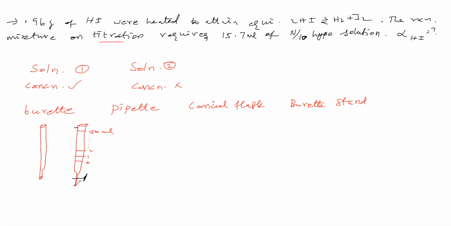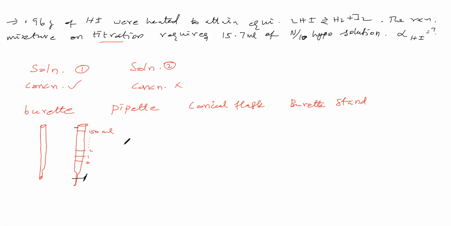Make the solution come out drop by drop, such that the lower meniscus of the surface of the solution coincides with the 50 ml mark. When it is coinciding, stop the flow of solution. Now the surface of solution 1 is coinciding with 50 ml. Now the burette solution is ready.